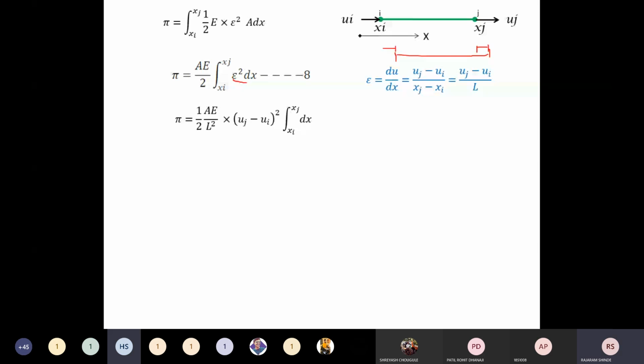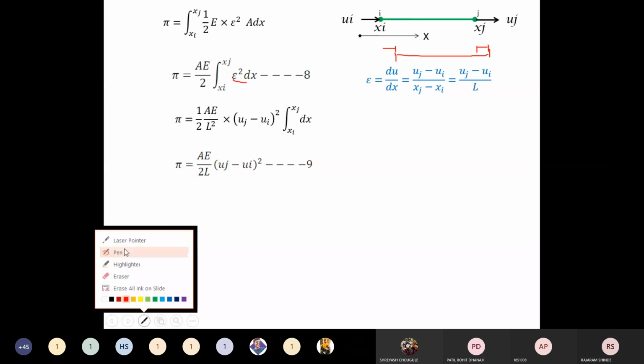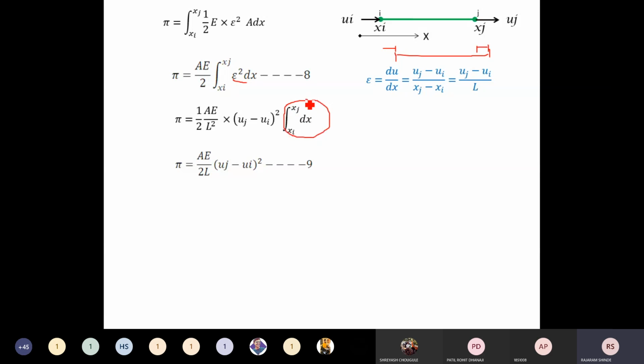Am I right? And xj minus xi equal to L, length of the element. Okay. Therefore, you will get pi is equal to, you see here, this integration is your L, and this L will be cancelled with this L. Okay, do you agree with this? Now you will get AE by 2L into uj minus ui, the whole square. Okay, and that is your strain energy.